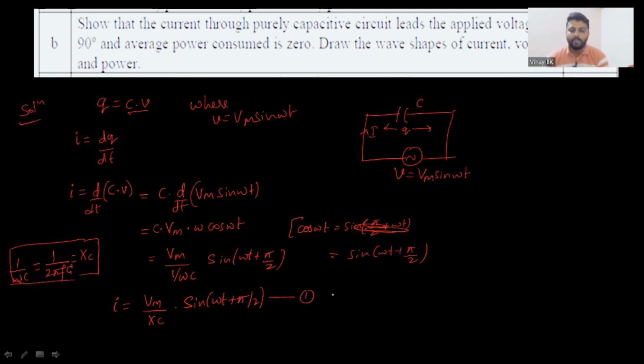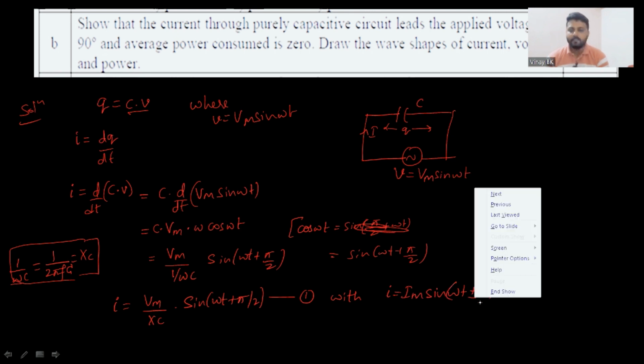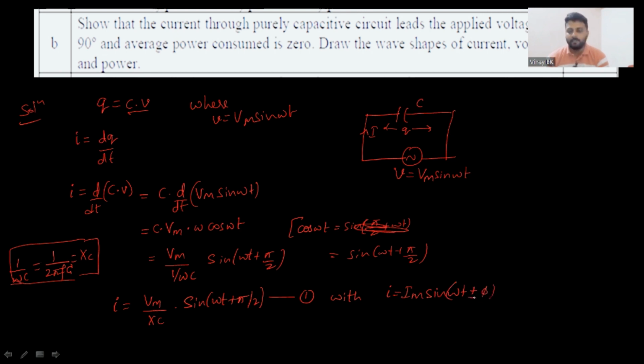Now compare equation number 1 with I equals Im sine omega t plus or minus phi. If you want, you can consider plus only.